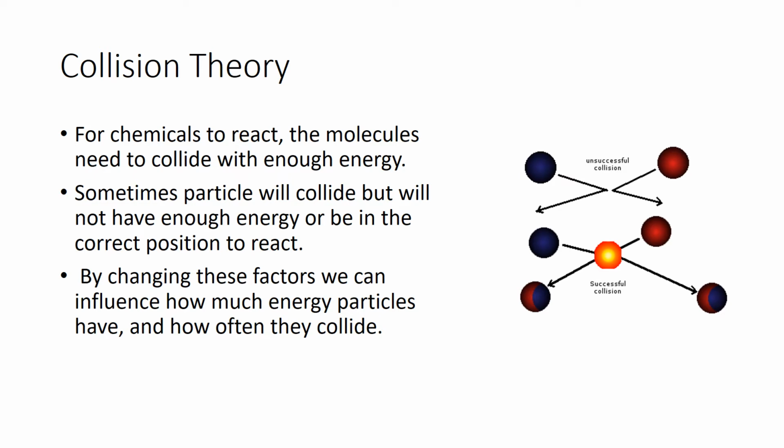Sometimes particles collide, but because they're not in the correct position, no reaction occurs. But we can change how much energy particles have in a reaction, and that can influence how often we get successful collisions. A successful collision is just where a collision has happened and a reaction has happened. So when we have more successful collisions, we have a faster rate of reaction.